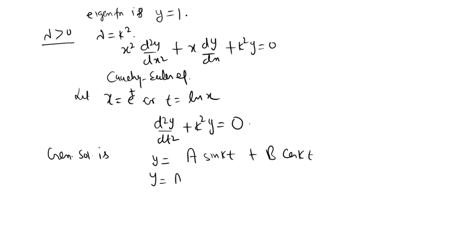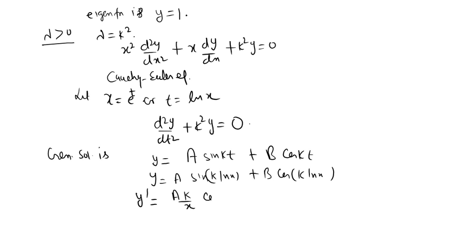So what is the t variable? t is log x, so y equals a sin k log x plus b cos k log x. Also compute y dash to apply the boundary conditions. So this will be a k by x cos k log x, minus b k by x sin k log x.